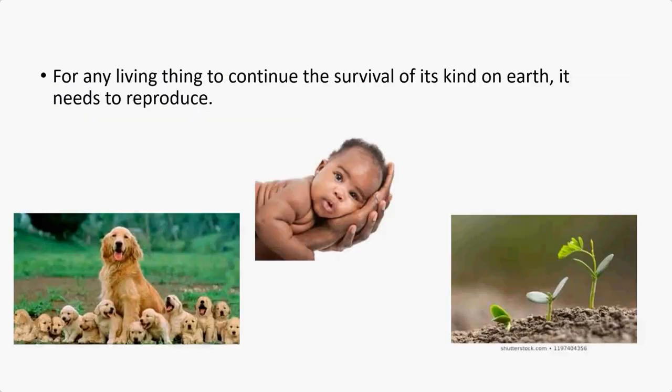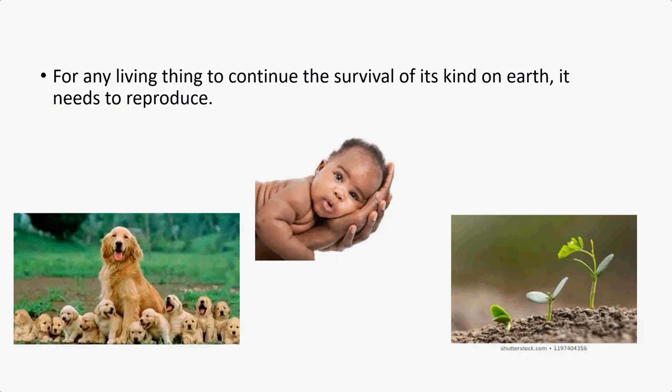Okay, next slide. Why do all living things need to reproduce? What is the necessity to reproduce? Give me a minute. Everybody look at the screen. Okay.